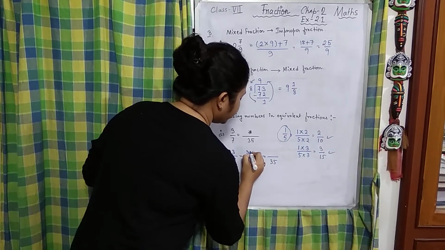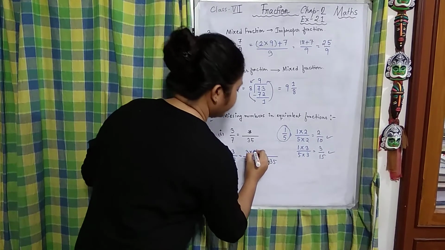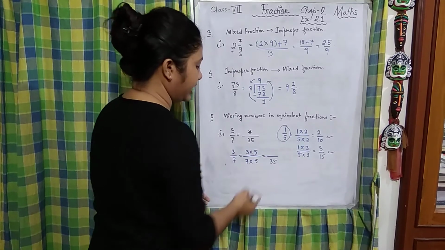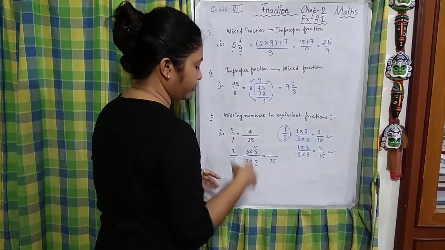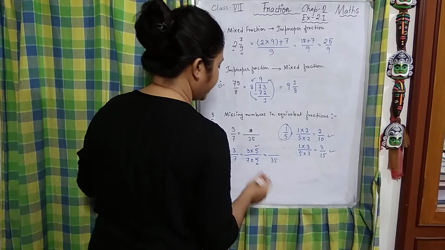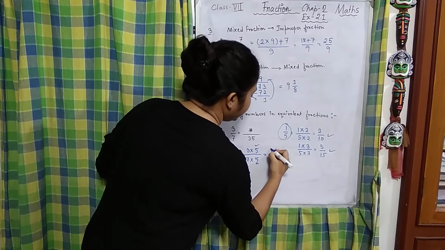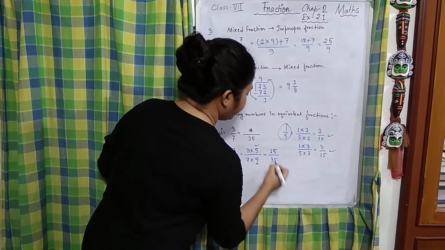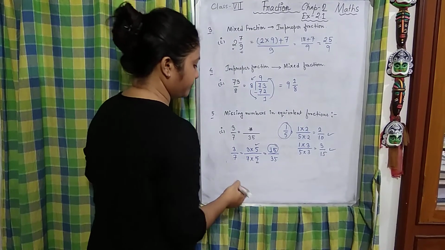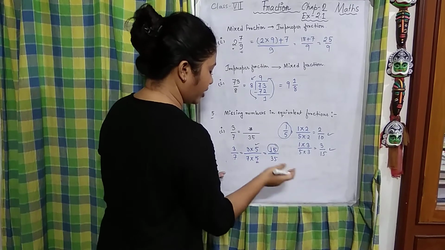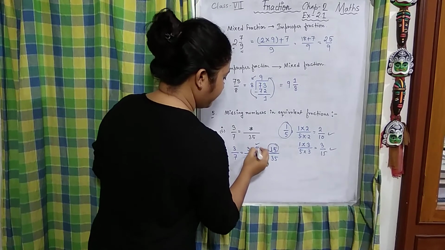So according to the rule, we should multiply the numerator by the same number with which the denominator has been multiplied, and it will give 15. So 15 is the missing number here. So how do we find it again?